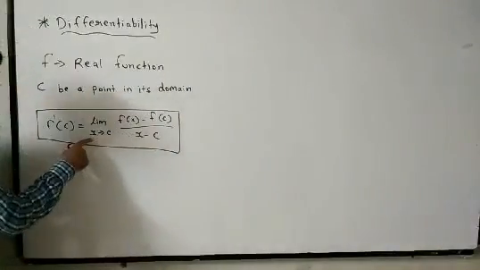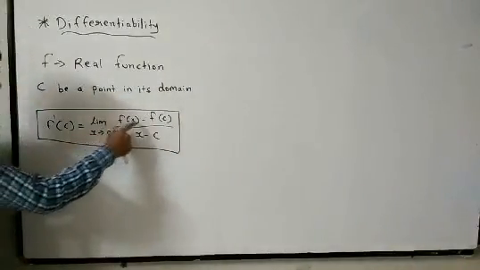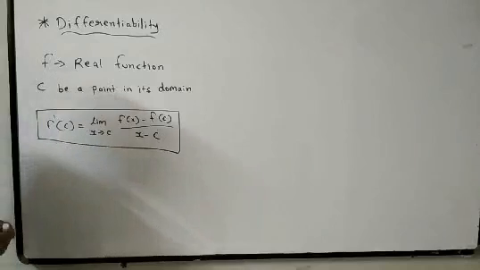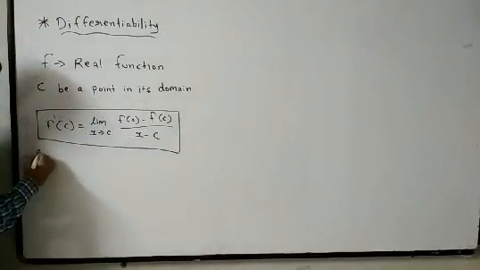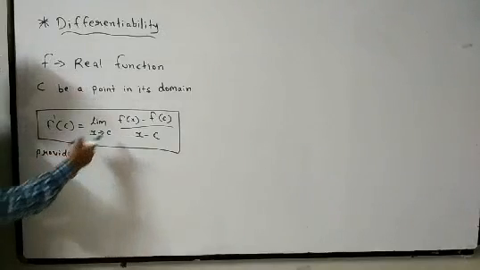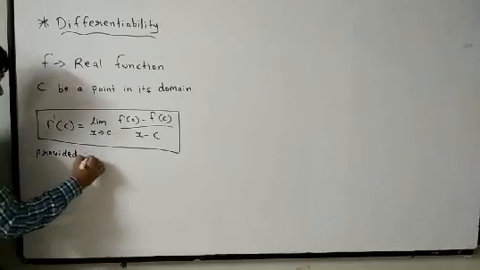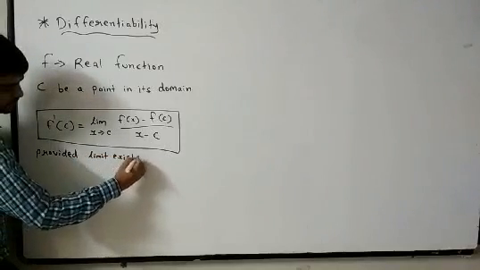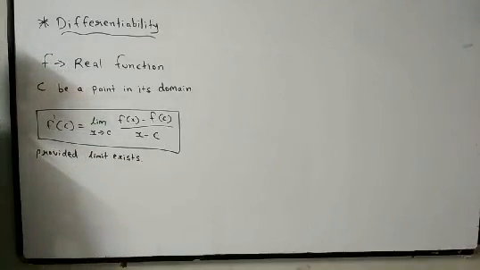So f dash of c is equal to limit x tends to c f of x minus f of c by x minus c, but provided the limit exists. Limit exists means what is its meaning?